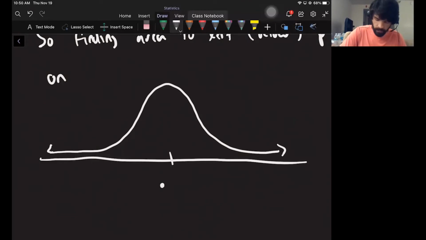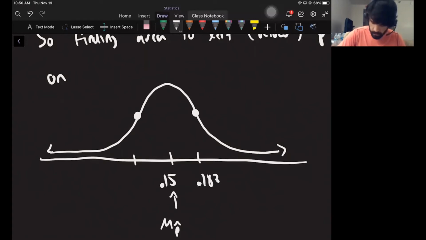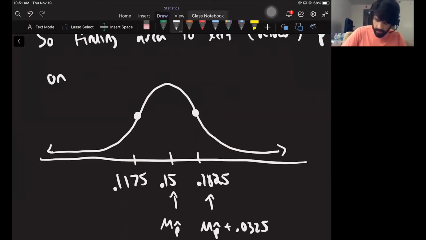So the mean is 0.15, and the standard deviation was 0.0325, so I have to add that to get over here, and then I have to subtract that amount to get over here. So I'm just adding 0.0325 and subtracting 0.0325 because that's the standard deviation for this normal distribution. And so where's 0.12? 0.12 would be around here somewhere.